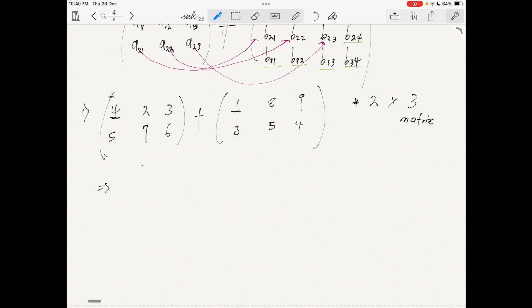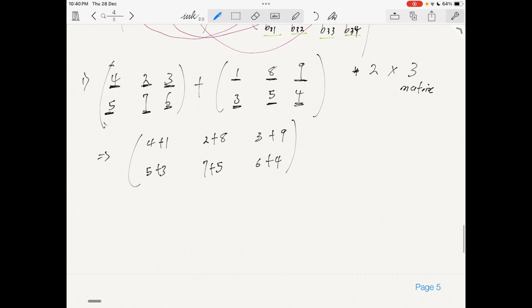We have 4 plus 1, 2 plus 8, and then 3 plus 9. Then we continue that way: 5 plus 3, 7 plus 5, and 6 plus 4.